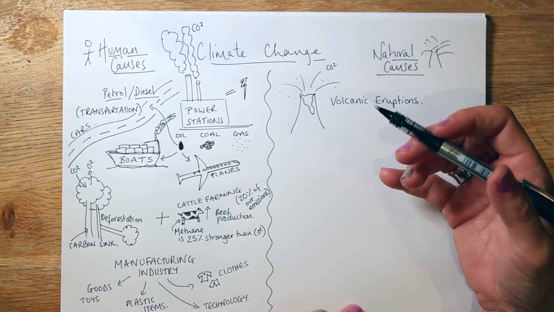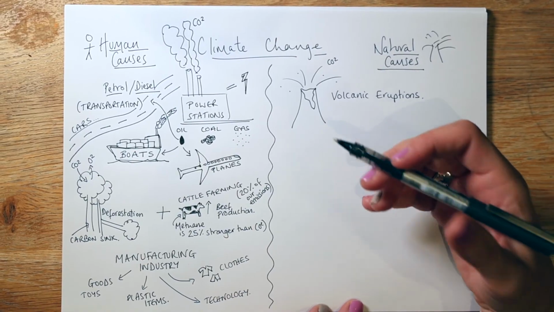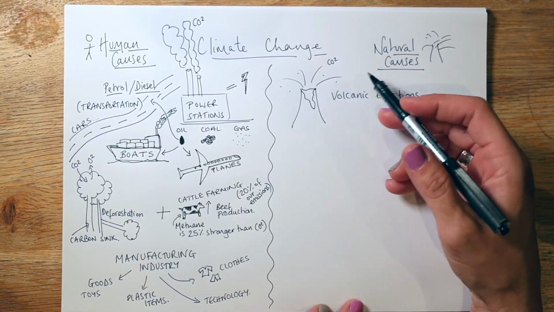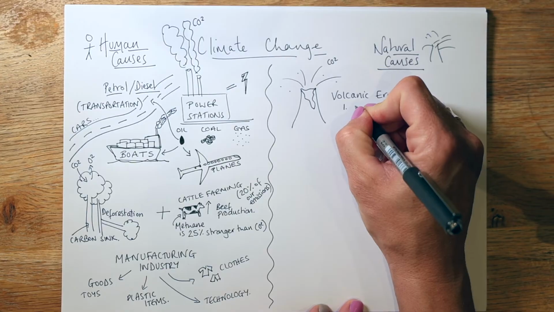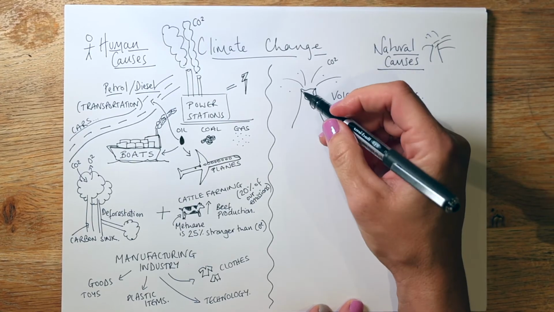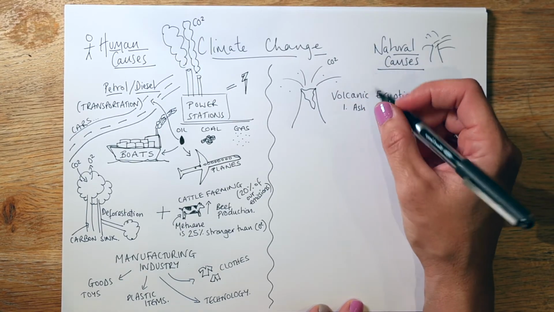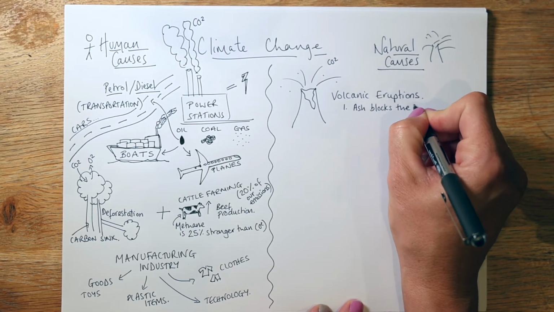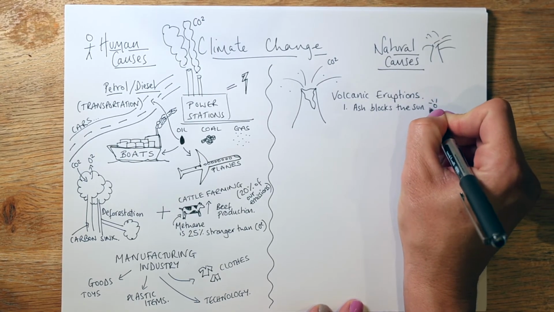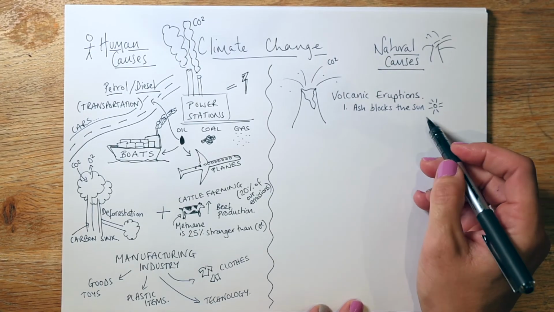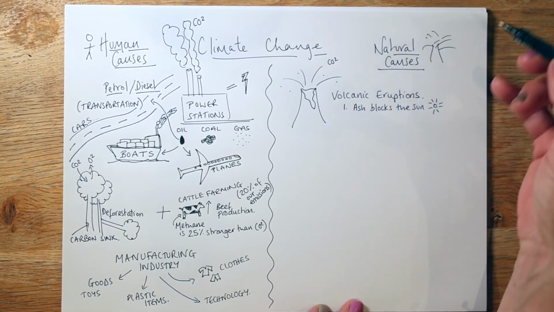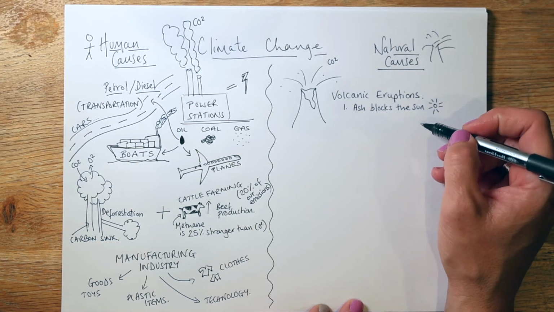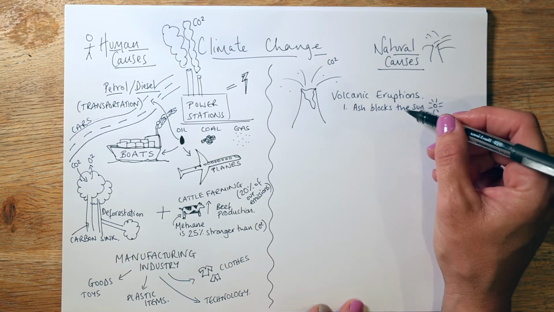But in actual fact, strangely, volcanic eruptions do a number of different things. Firstly, ash that's thrown out from the volcano actually blocks the sun. The sun's ultraviolet radiation that's trying to come in to warm up the planet is blocked by the sheer amount of ash that's in the sky.